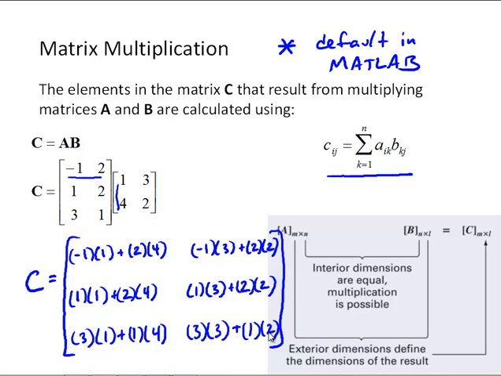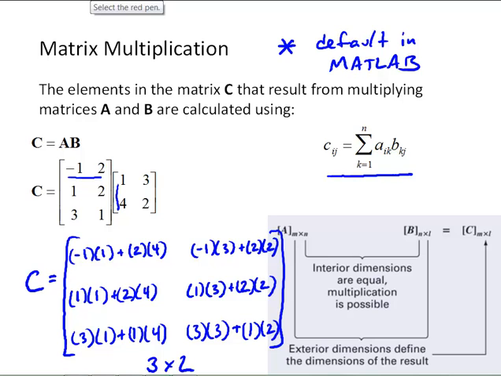And we see that the final matrix has the same number of rows as A and the same number of columns as B. In this case, we have 3 rows and 2 columns. This is a 3 by 2 matrix.